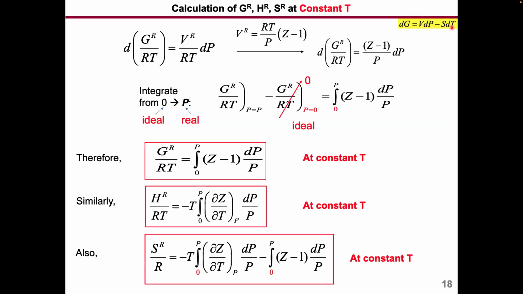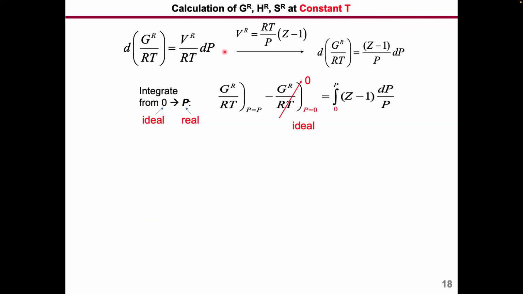If we have constant temperature, then basically dG is equal to VdP. Now dGR divided by RT, T is constant, so it is equal to VR divided by RT dP.